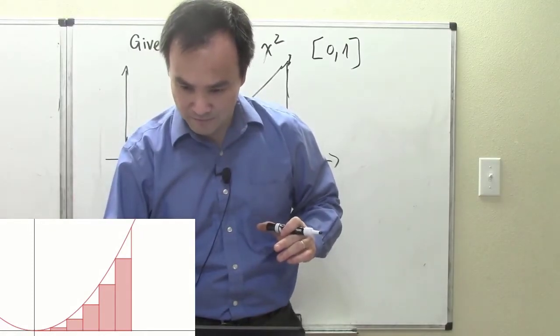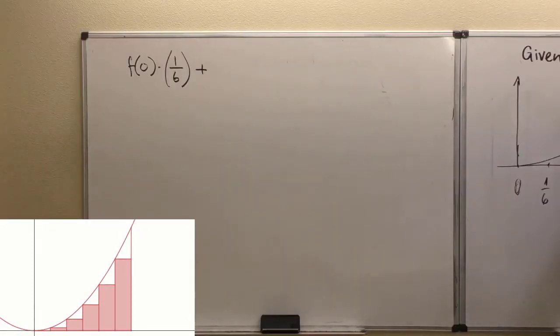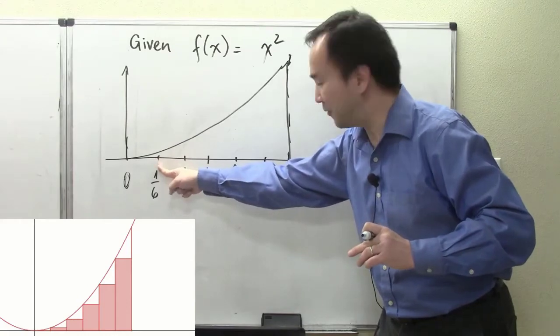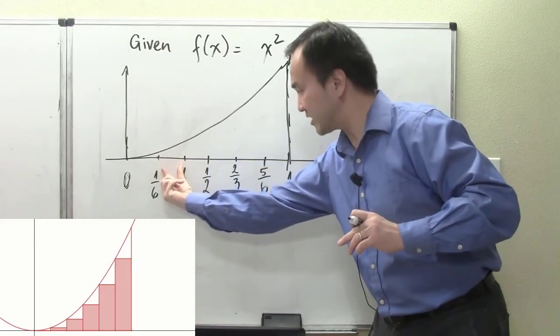The next rectangle is here. For the second interval, the left endpoint is here at 1/6, or on my other board, this point is my left endpoint for the second subinterval.